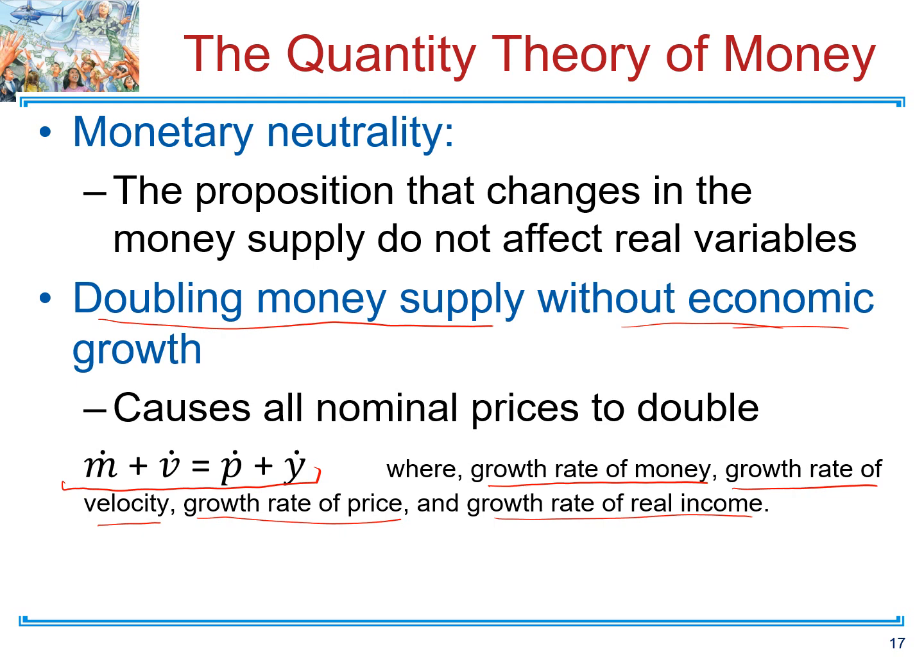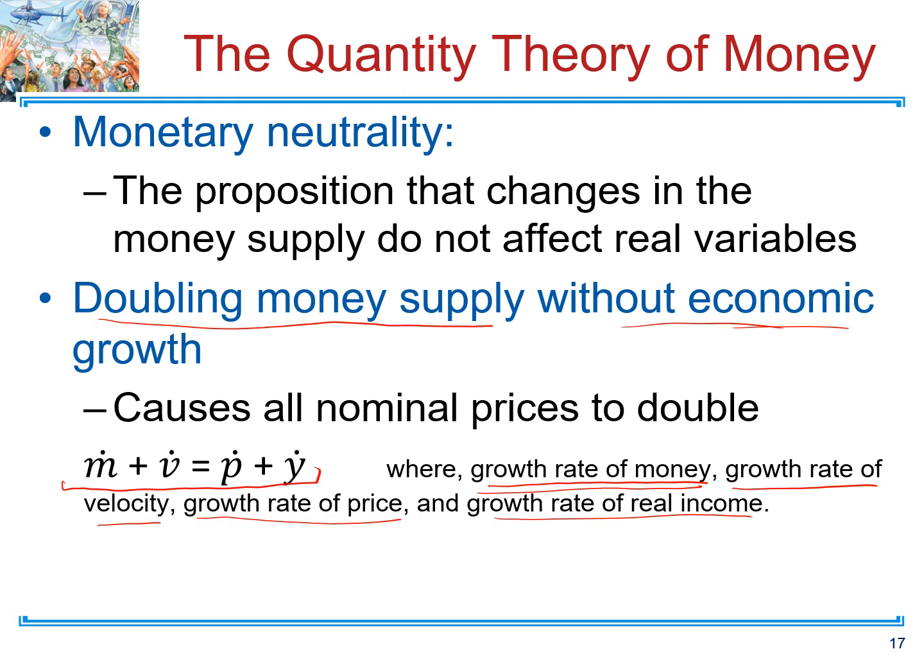What is the growth rate of money? Well, if the Federal Reserve supplied 10% more than before, then 10% is the growth rate of the money supply.